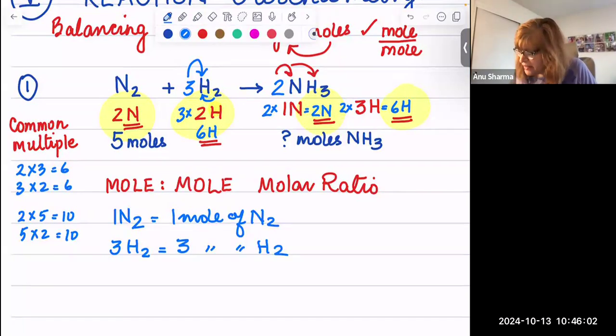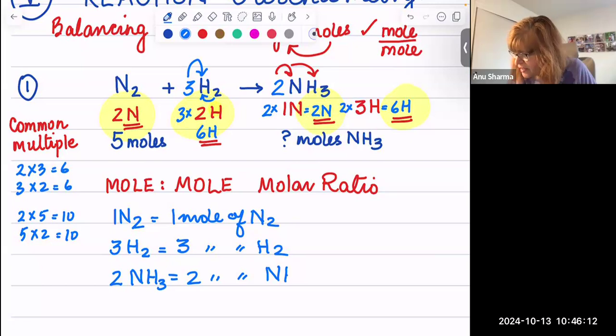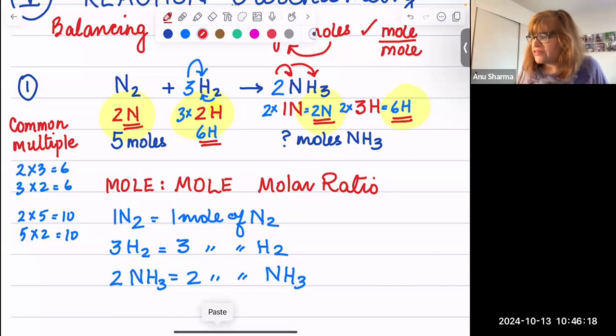And 2NH3, these coefficients mean that there are 2 moles of NH3. But what you see here, the 2 nitrogens, the 6 hydrogens, these are individual atoms or individual moles present.